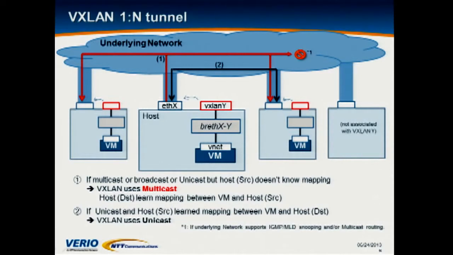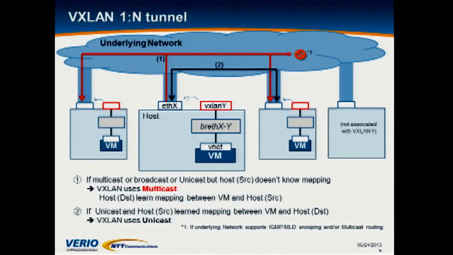So that's why VXLAN does not need multi-point tunneling or full mesh tunneling, and doesn't need to set up flows for every VM and every host. We don't need to set up flow tables, so we don't need a centralized controller for VXLAN.